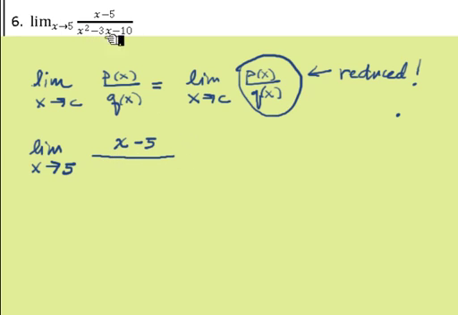All right, in order to reduce, we're going to factor x squared minus 3x minus 10. So let's do that. All right, so this factors into x minus 5 times x plus 2, and that's convenient because now the x minus 5 will cancel with an x minus 5 in the numerator.